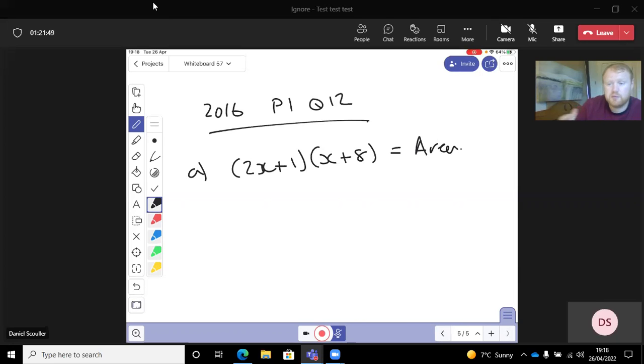Okay, so your length times the breadth. So whatever your expression for the length is and whatever your expression for the breadth is. Okay, now you need to break those brackets later anyway, so I would just do it.